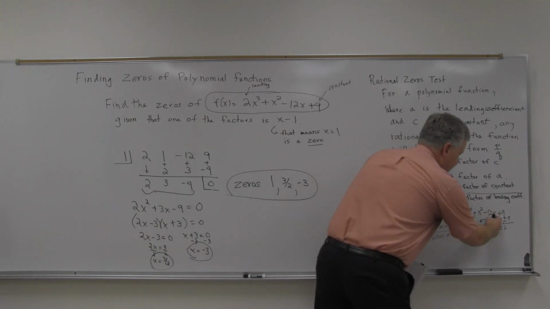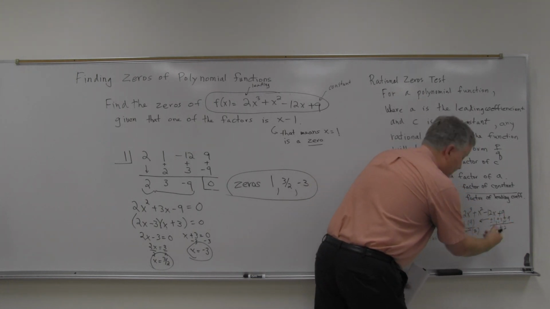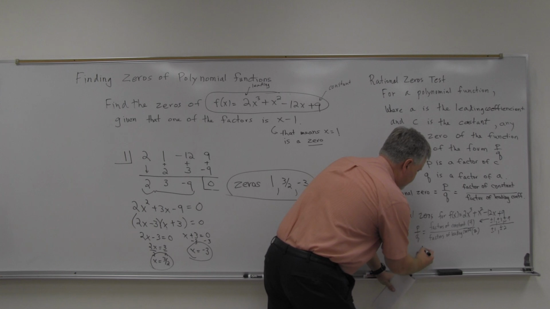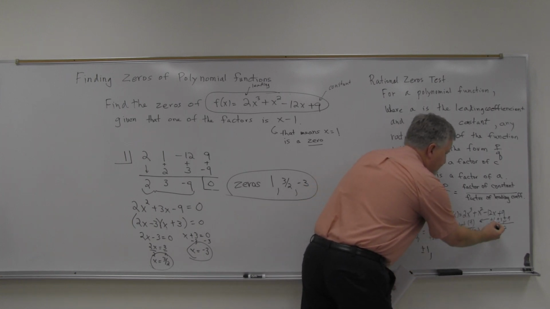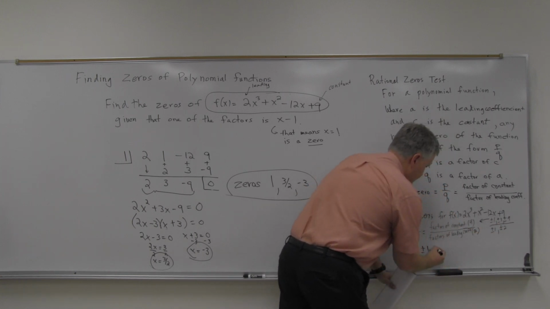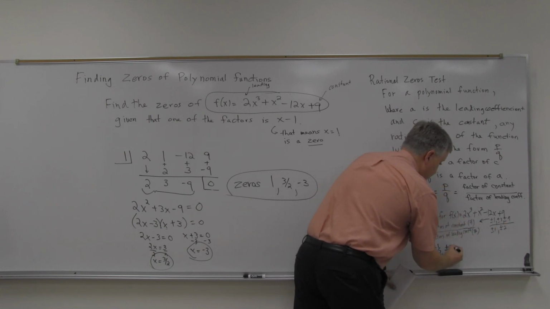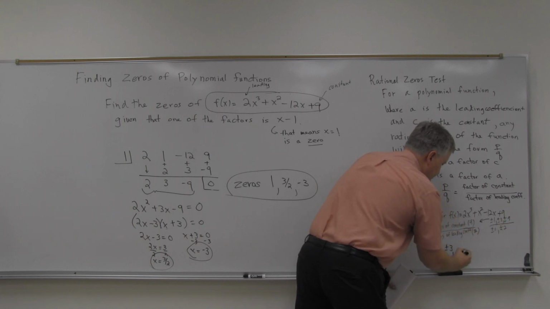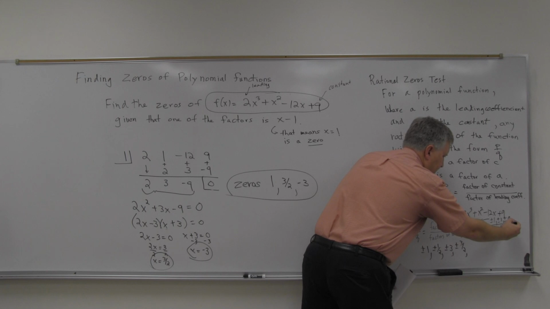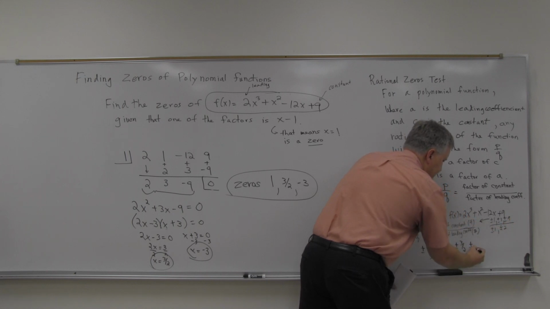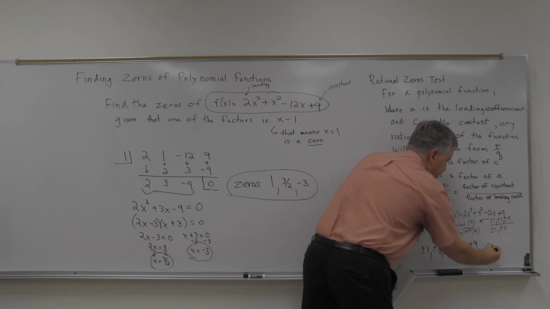So you got 1 divided by 1, so it would be plus or minus 1. You got plus or minus 1 divided by plus or minus 2, so that would be plus or minus a half. Then 3 divided by 1, so plus or minus 3. 3 divided by 2, so plus or minus 3 halves. Then 9 over 1, so plus or minus 9, and plus or minus 9 halves.